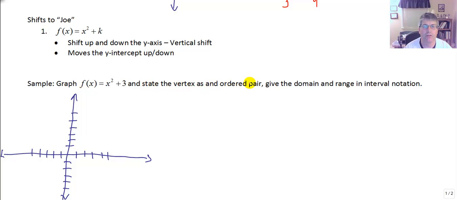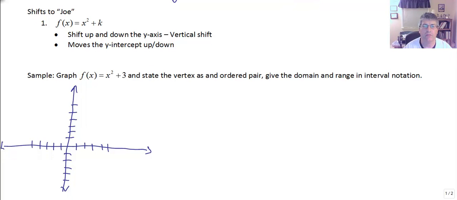We'll state the vertex as an ordered pair, give the domain and range in interval notation. So we have x, and our output is f of x. So let's go ahead, if we input 0, we output 3. So here is our shift, our vertical shift.